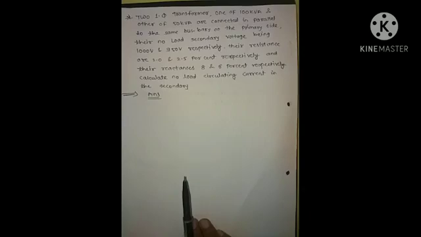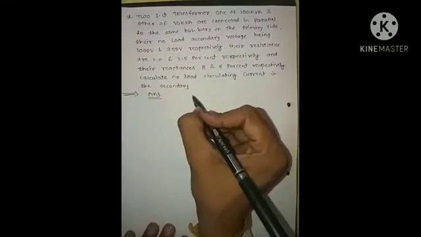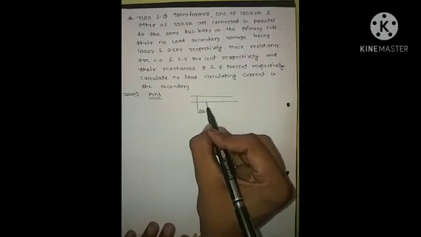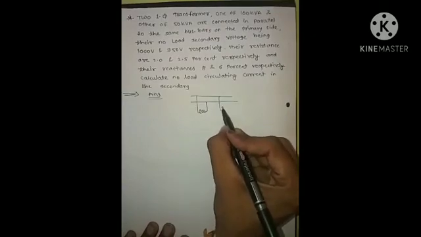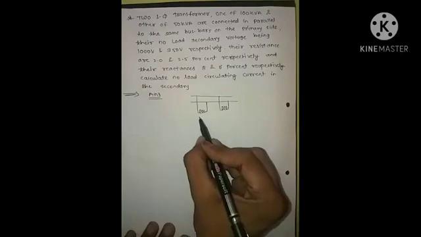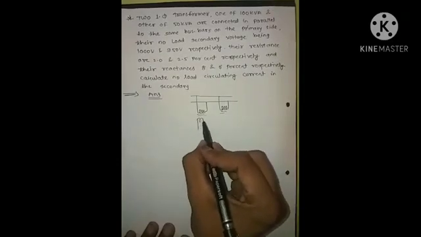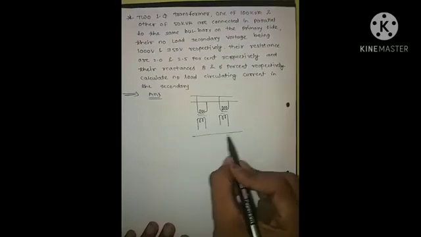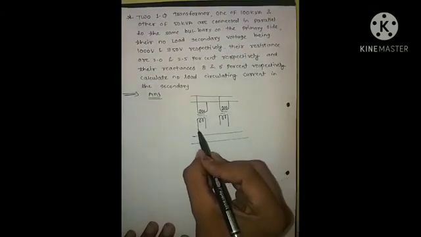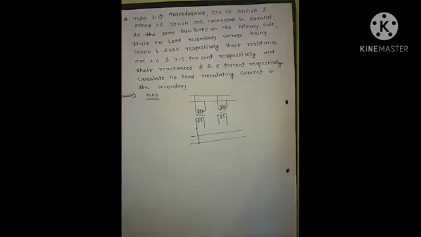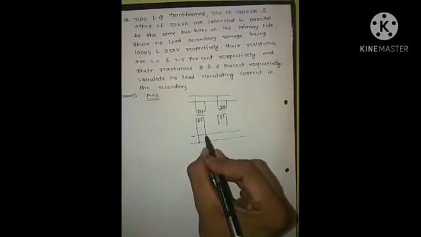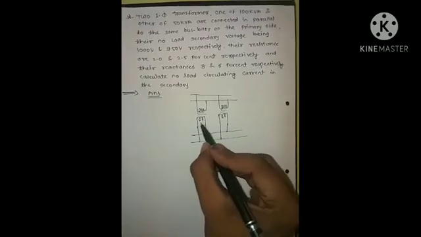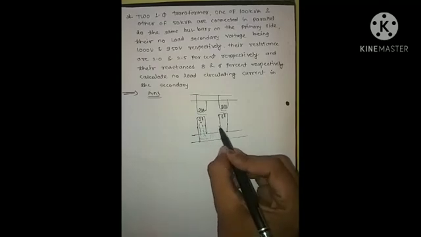The circuit connection is shown like this. The direction of the circulating current in the secondary is like that.